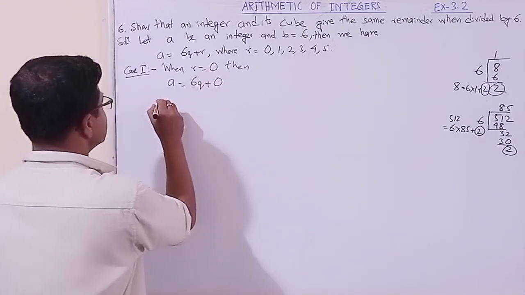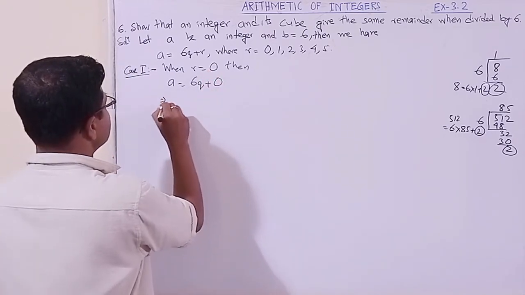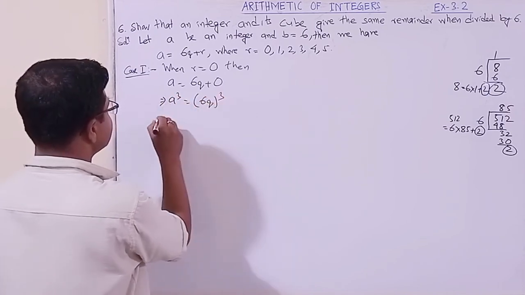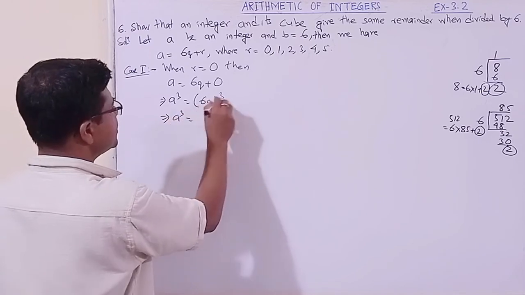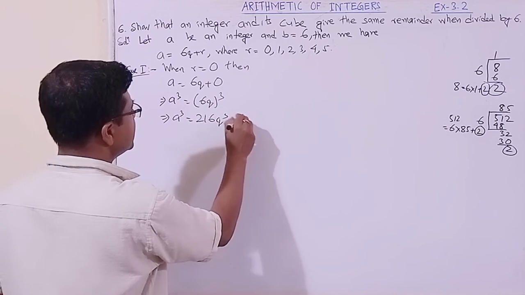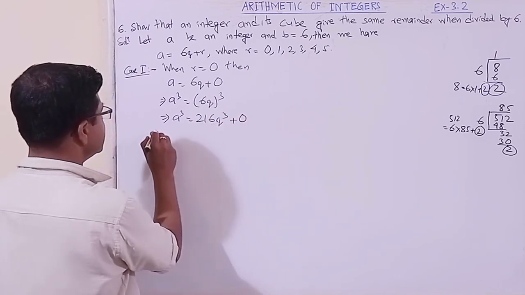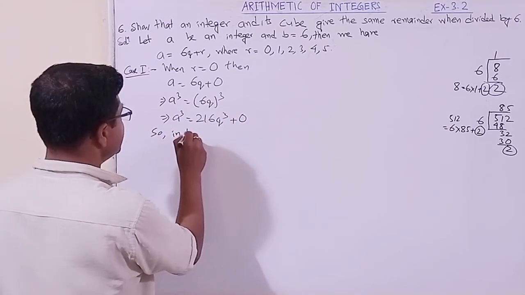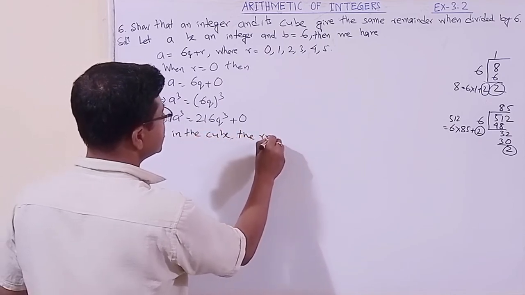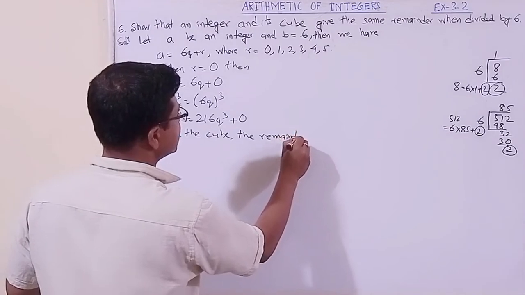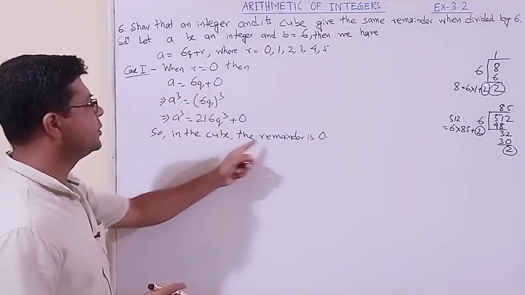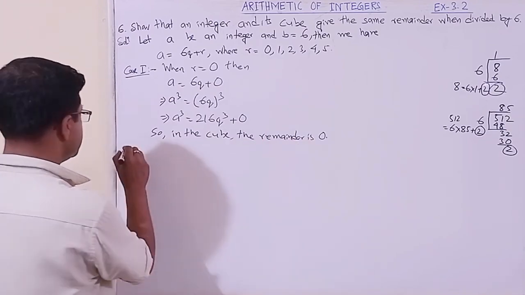Therefore a cube is 6 cube q cube, which is 216 q cube, and 0 can be added here. So in the cube the remainder is 0. In a the remainder is 0, in the cube also the remainder is 0.